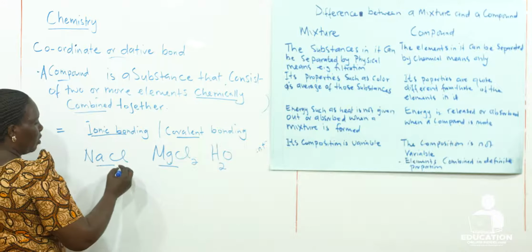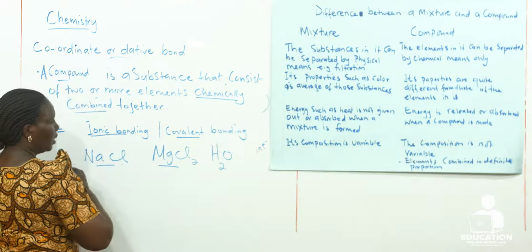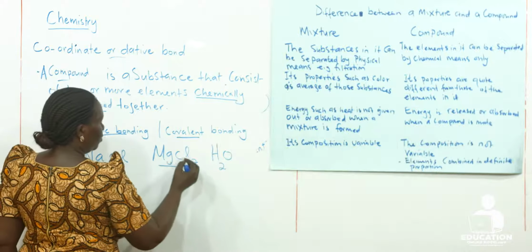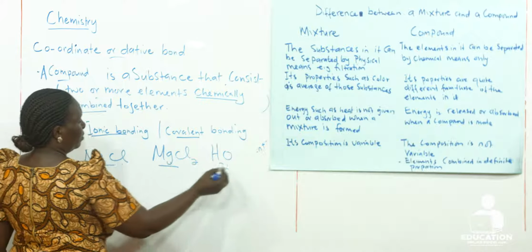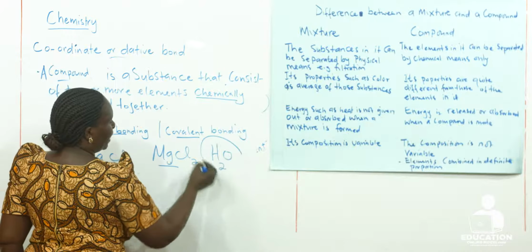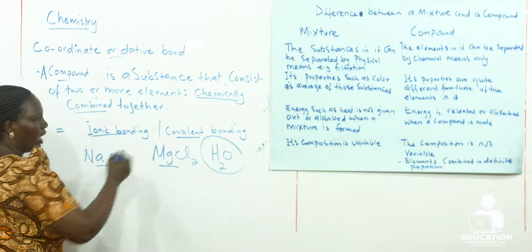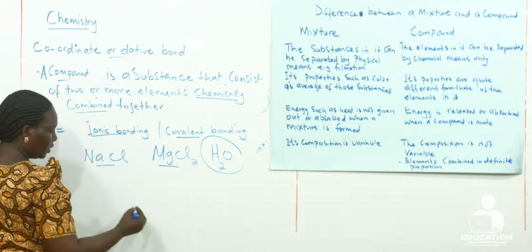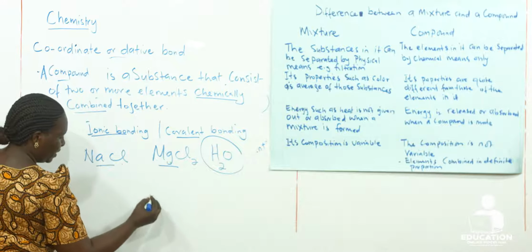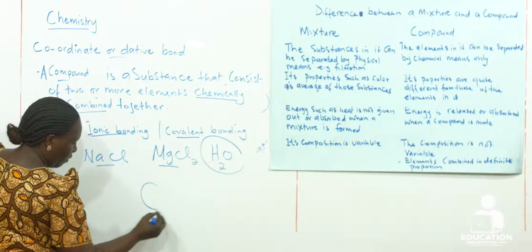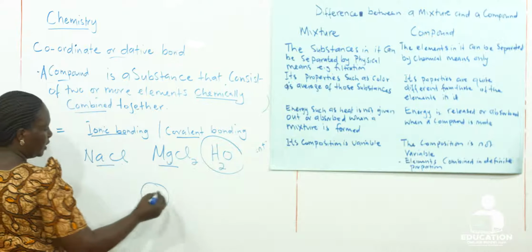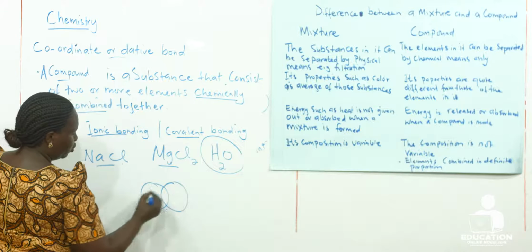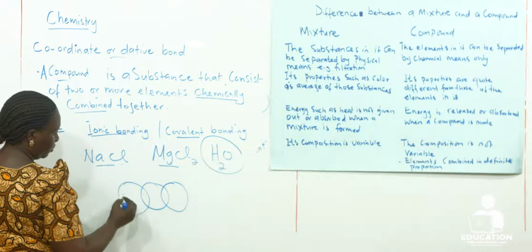So we have sodium chloride is an ionic compound, magnesium chloride is an ionic compound, but water is a covalent compound. The structure of water in another way can be represented like this. We have one atom of oxygen and then the two hydrogen atoms.